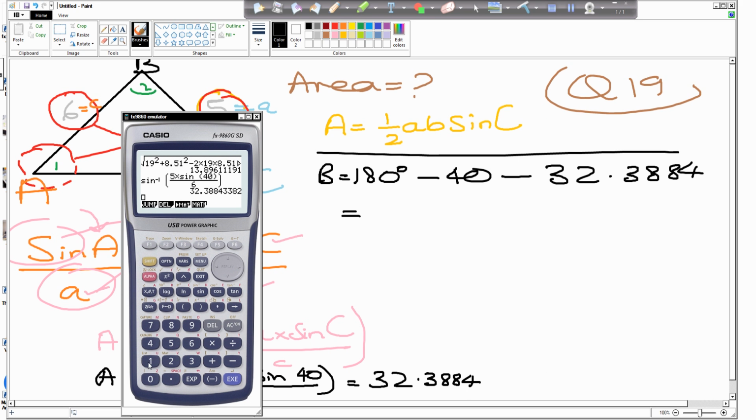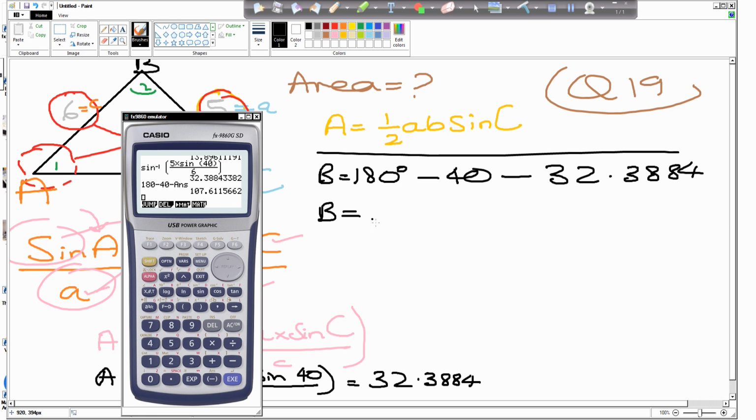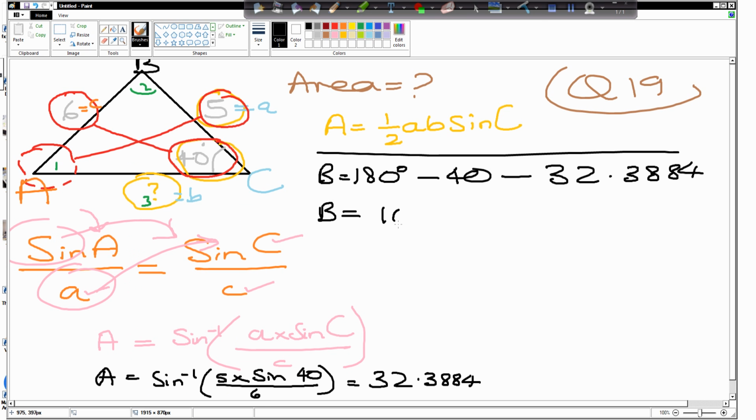We do 180 minus 40, and then we minus the above answer. Shift answer equals. So what's B equal to then? 107.611. You got the same answer? Can you read it out to me, please? 107.611. Okay, that'll do for the moment.